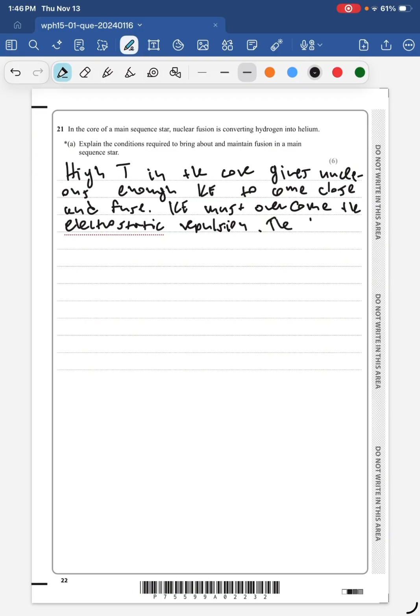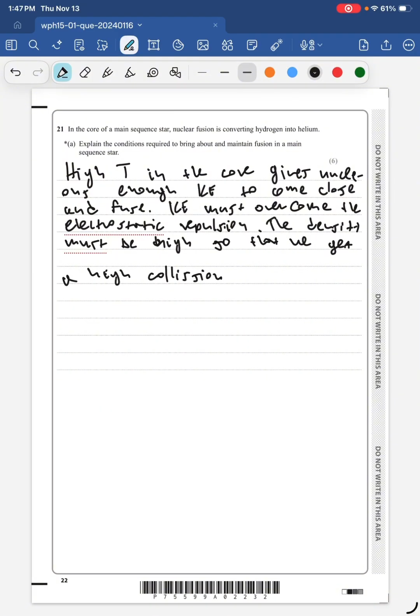Okay, the density must be high, so that we get a high collision rate that maintains fusion.